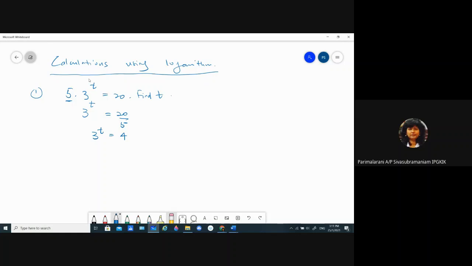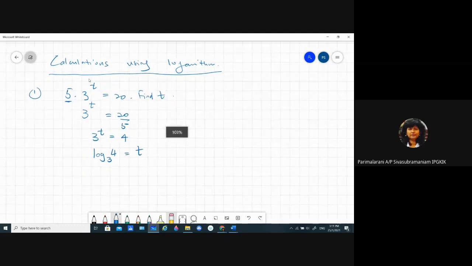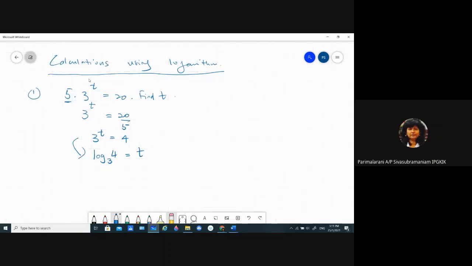Now we take log. You want to add log, or we can straight away use the log definition. If we use the log definition, then we have log 4 base 3 is equals to t.